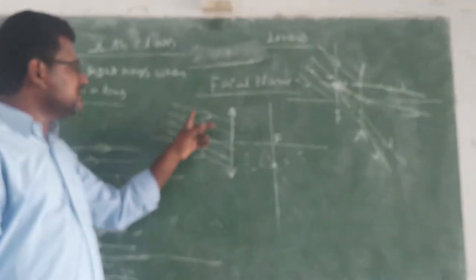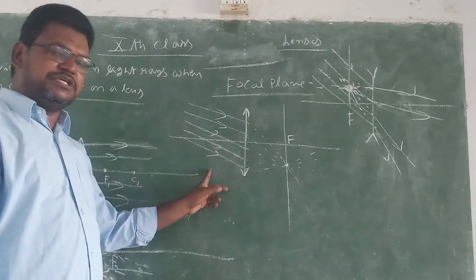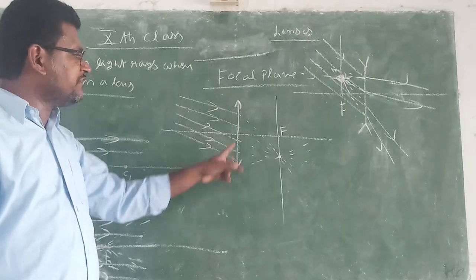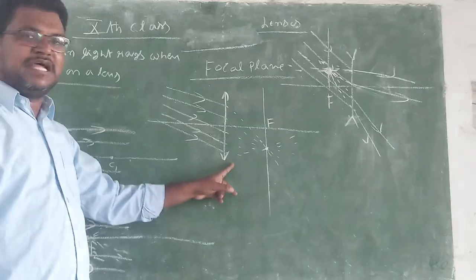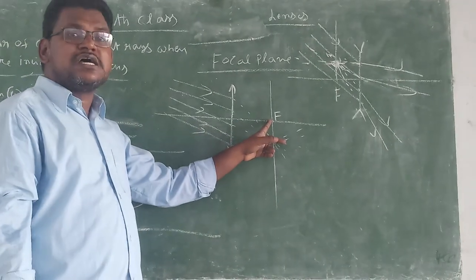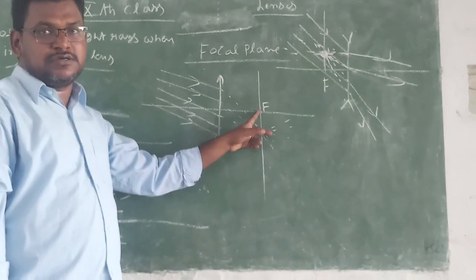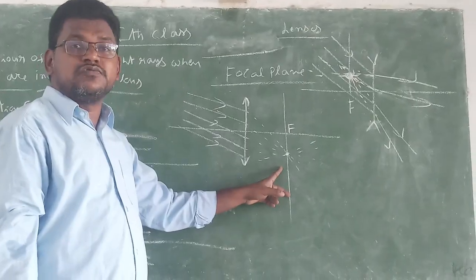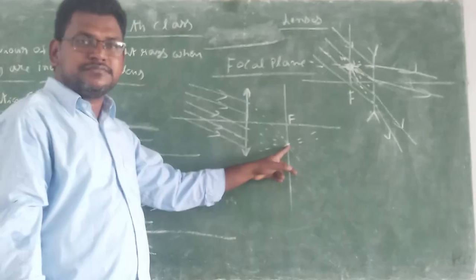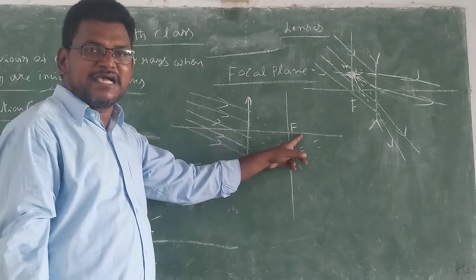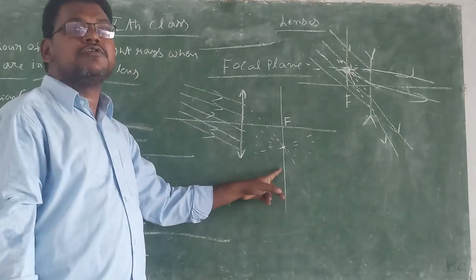Suppose the incident light rays are parallel to each other but not parallel to the principal axis. After the refraction, the refracted light rays are not converged at a focus on the principal axis. But after the refraction, the refracted light rays can converge at a point on a perpendicular line to the principal axis and passing through the focus.